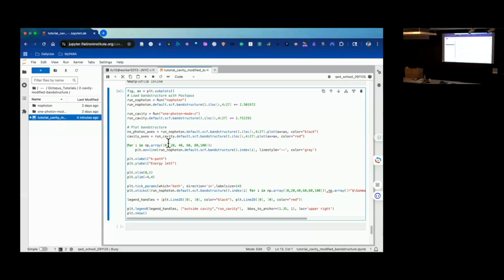These calculations, one is without cavity and one is with cavity. If you have more electrons, you have to sample more.